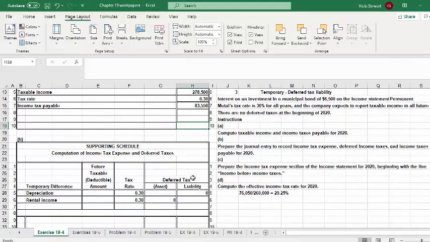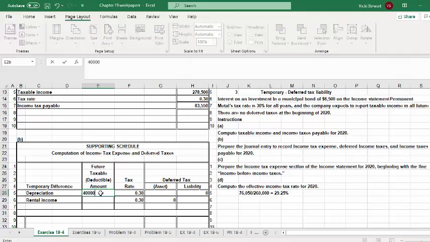Next, we're going to compute the amount of the deferred tax liabilities and tax assets, because we're going to need that for Part B, which asks us to prepare the journal entry to record income tax expense, deferred income taxes, and income taxes payable for 2020. We know that we had excess depreciation expense of $40,000 on the tax return, so that will result in future taxable income of $12,000.